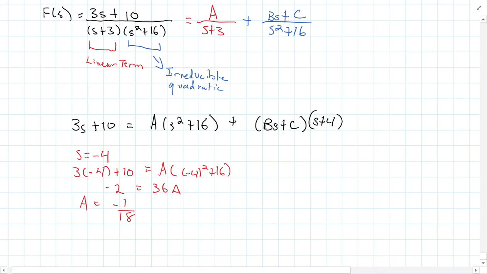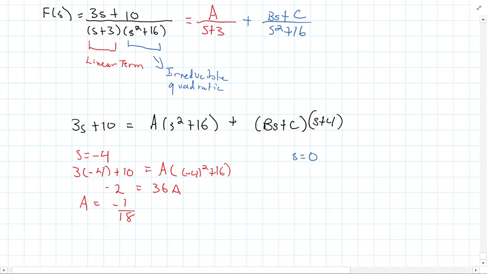Alright, now there are several ways you could approach picking other smart numbers here. Since I already know what A is, another smart number would be s equals 0, because s equals 0 is going to kill the B term.